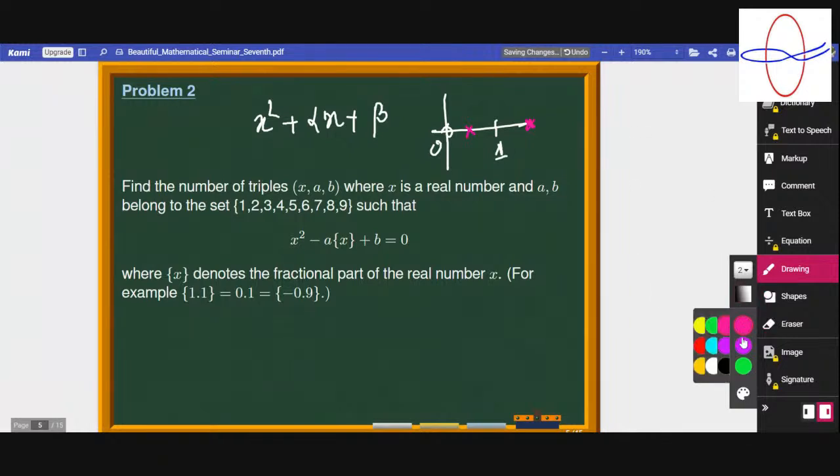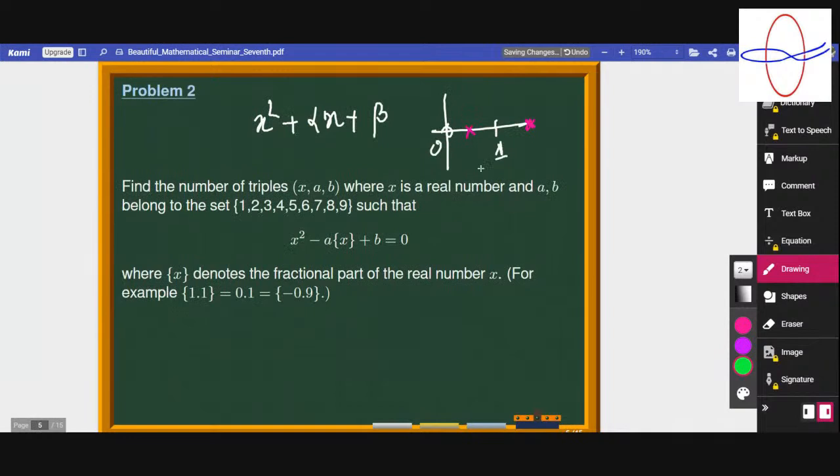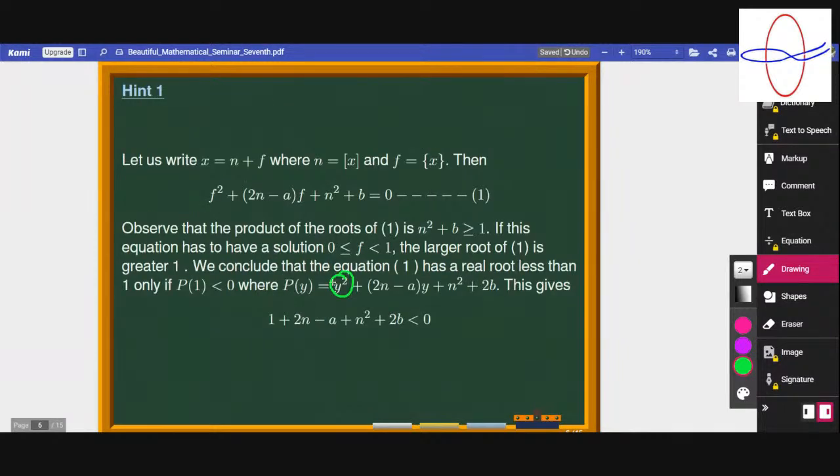And observe that the equation has a positive coefficient of the largest degree. Therefore, the equation must look like this, like the quadratic equation. Right? And therefore this p of 1 must be less than 0. Okay, so therefore we get that p of 1 is less than 0. Okay, guys?